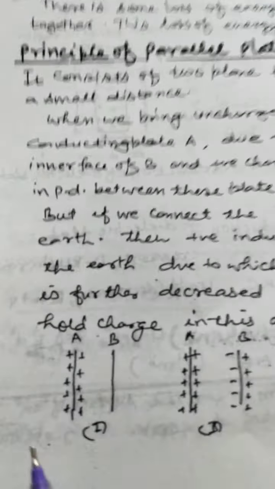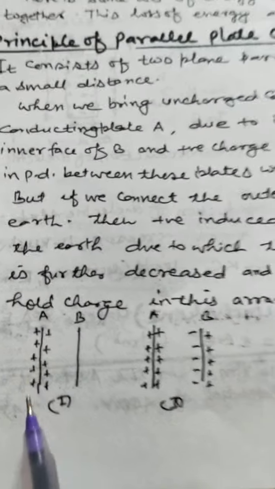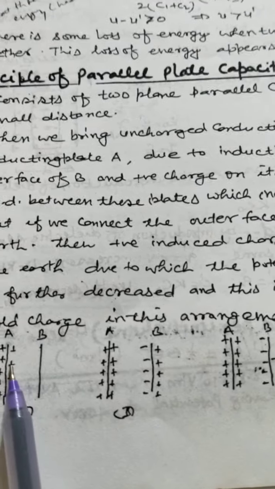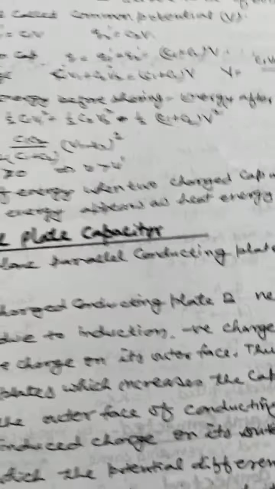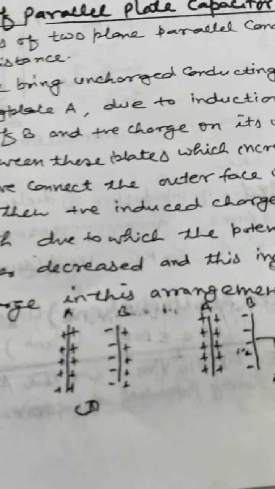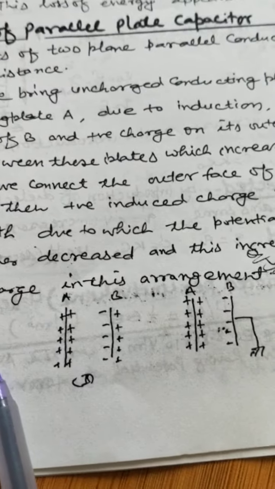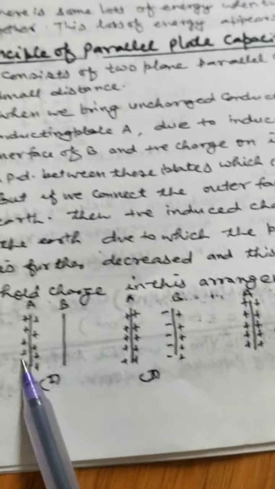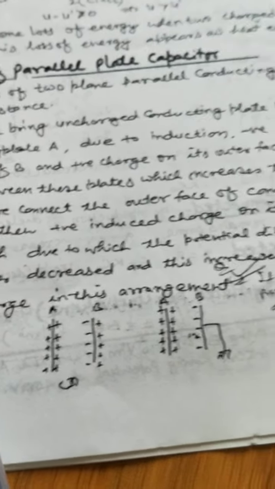Now let us suppose this is the first case. Here is the first conductor A, given the charge. So here this charge is Q. Now what we are doing, we are bringing another uncharged plate. This plate has no charge. Now I am bringing this B nearer to this. Then what will happen?